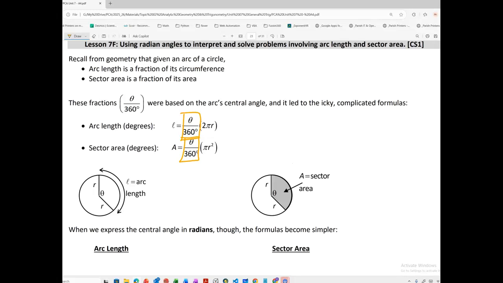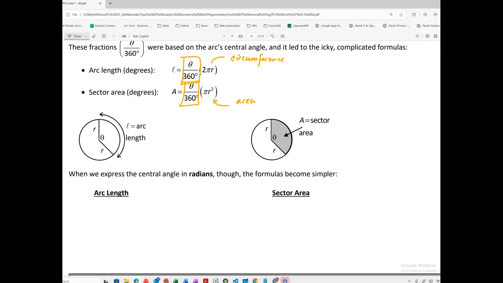So length was some proportion of the entire circumference. Your area was some proportion of the total area, okay? Those are not very convenient formulas.